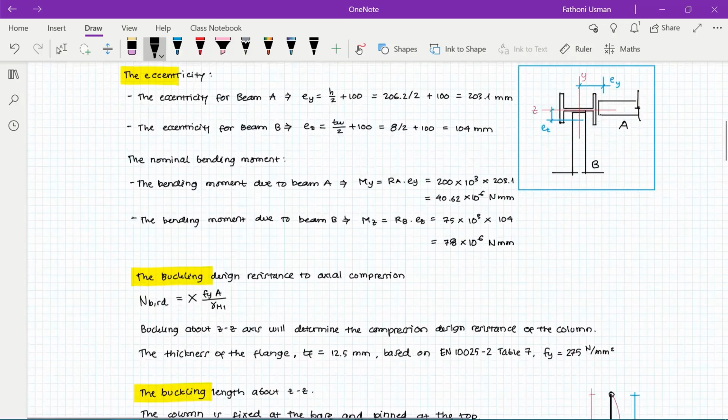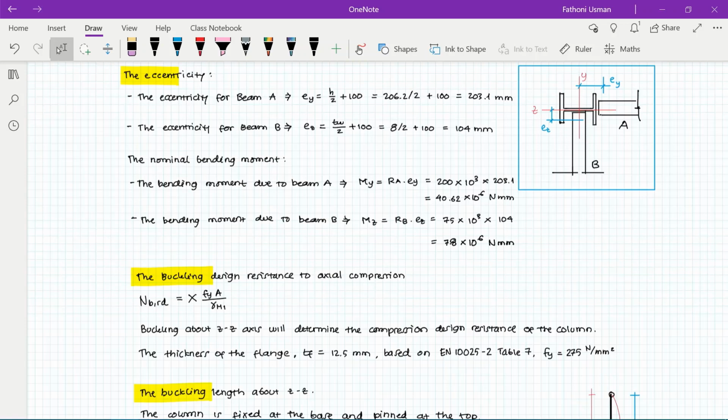By having the eccentricity, it is easy for us to calculate the nominal bending moment. The bending moment from beam A is the reaction from beam A times the eccentricity.